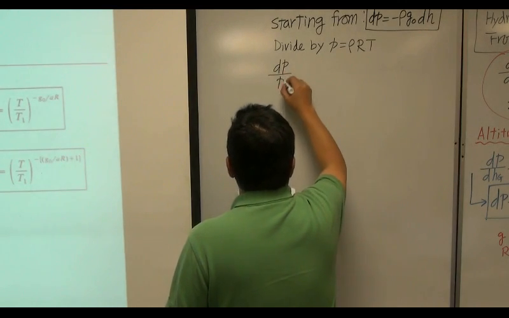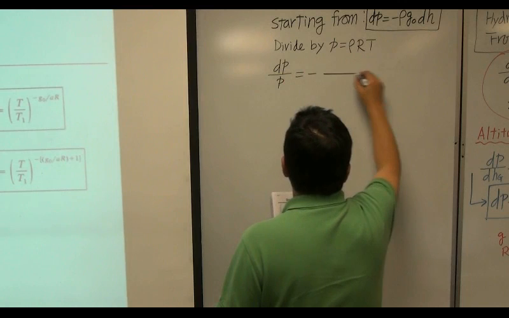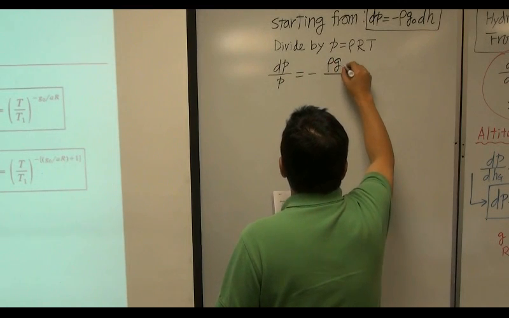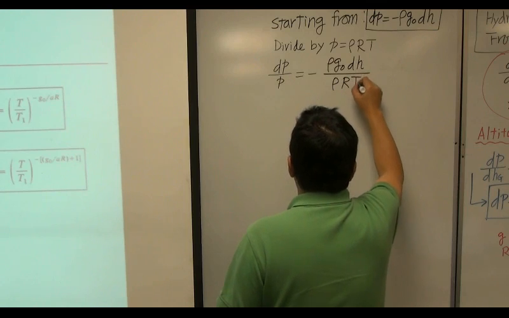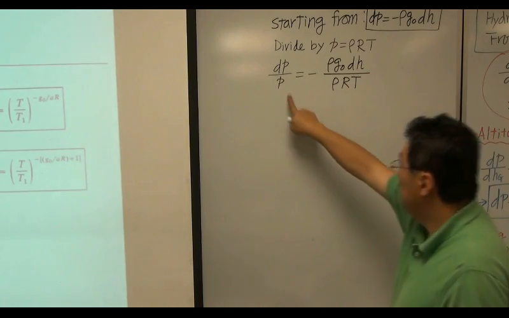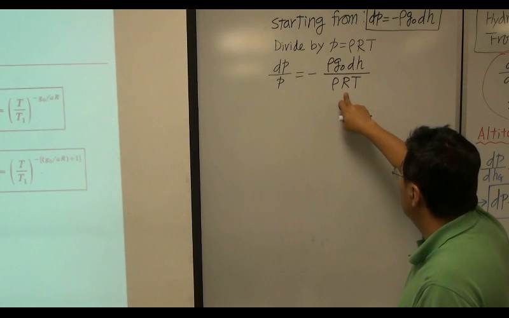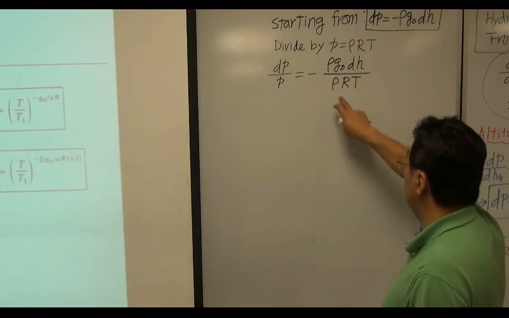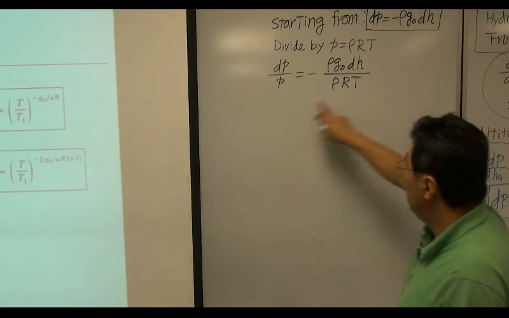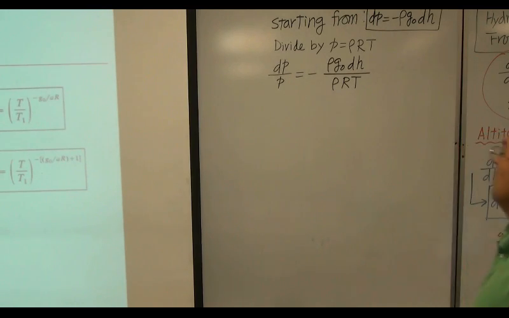dP over P is equal to minus rho G0 dH divided by rho RT. Now keep that in mind, P is equal to rho RT, so you can do this kind of thing. On the left hand side you divide by P, on the right hand side you divide by rho RT. After all, P is equal to rho RT anyways.